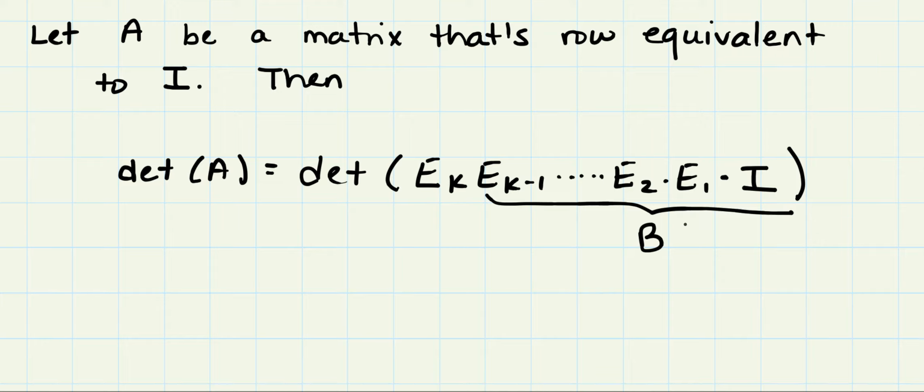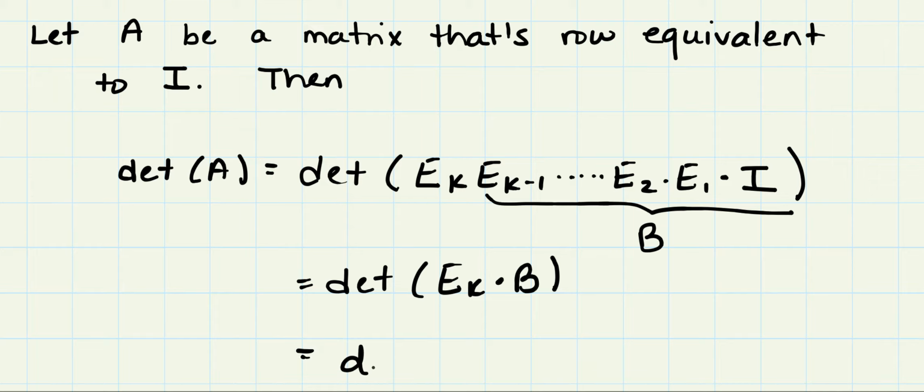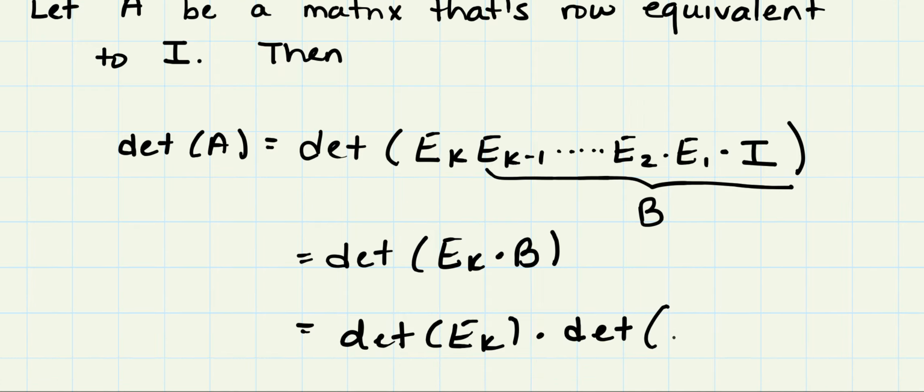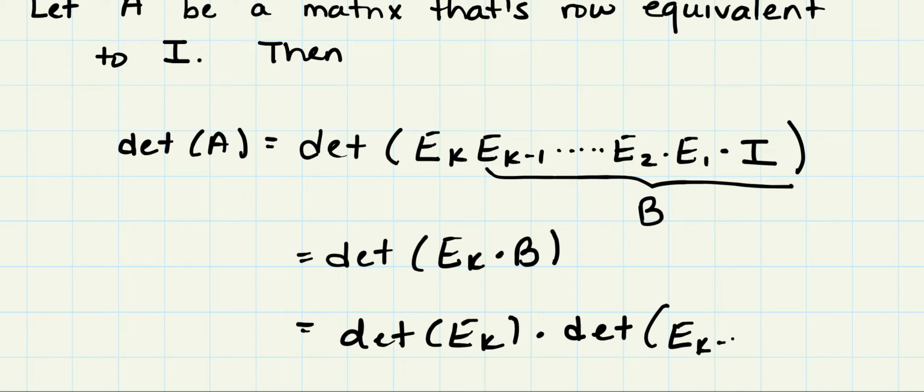We can call this B. So this is the determinant of an elementary matrix times B, which, using the last rule we just saw, we can take that elementary matrix out, and then we get the determinant of this B here, but this B is EK minus 1 all the way to E2, E1 times the identity.